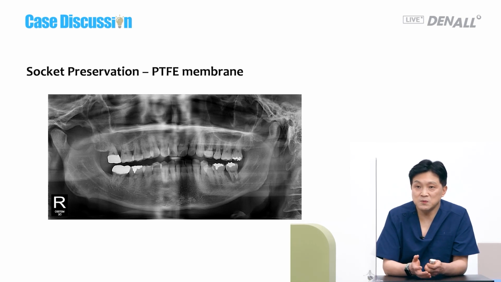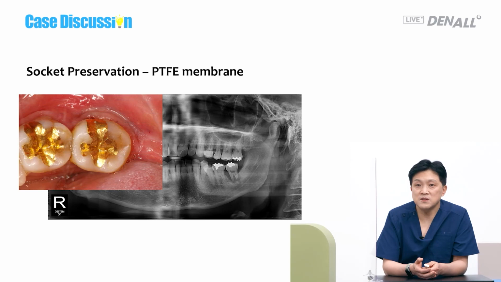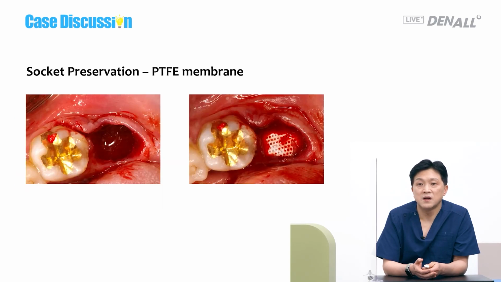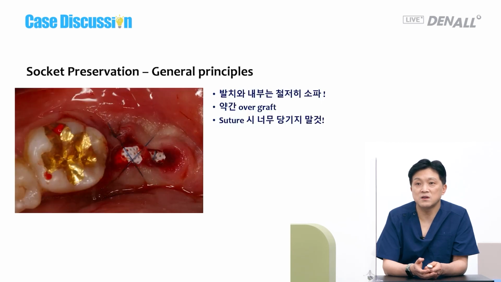Number 37 was quite mobile and the alveolar bone was resorbed. Thus, it was extracted and the granulation tissue was thoroughly removed. I used a porcine bone, and the site was covered with PTFE membrane and sutured.